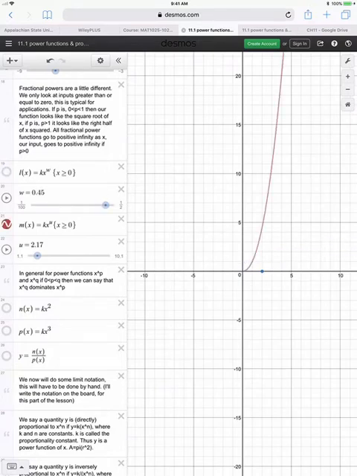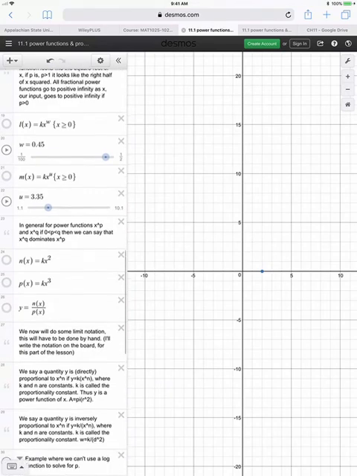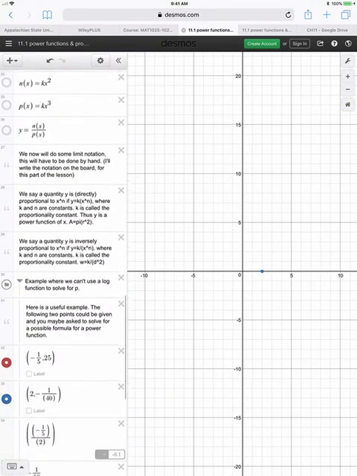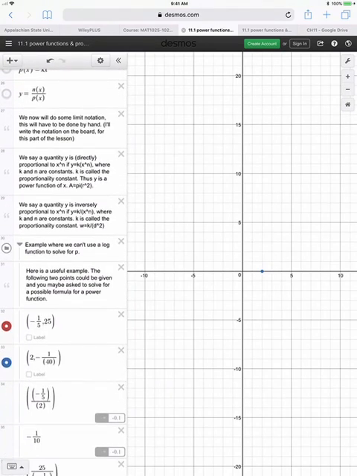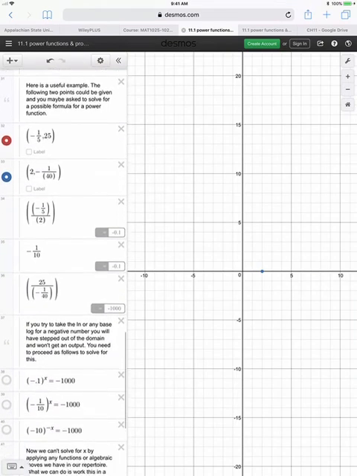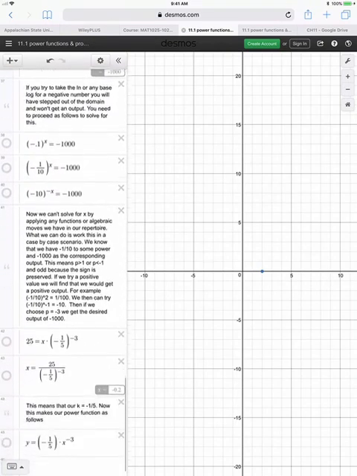And then the other one is a power that's a fraction but bigger than 1. So it almost looks parabolic, but only the right half of it. Again, just play around with those. Then there are some examples on how to actually find power functions, and I'll be posting some separate videos for those in As You Learn.